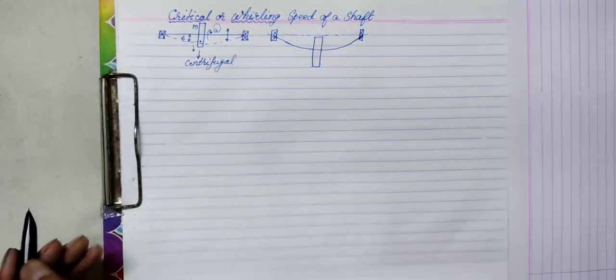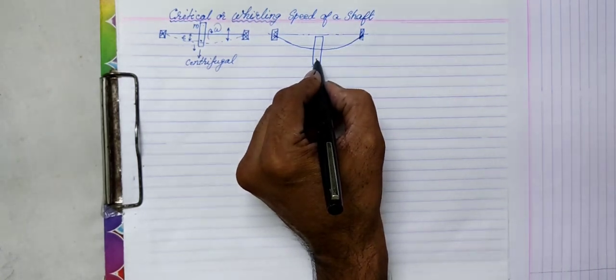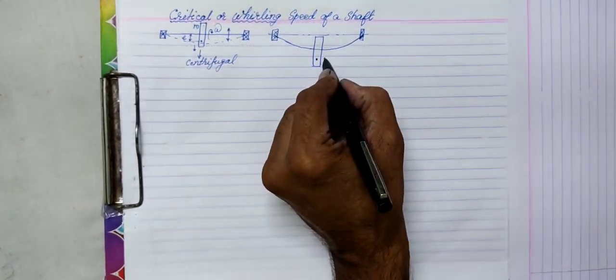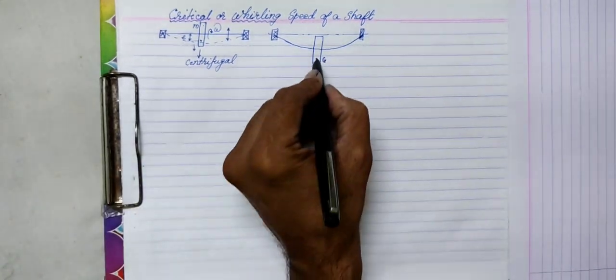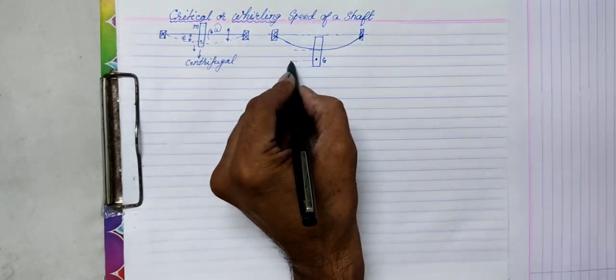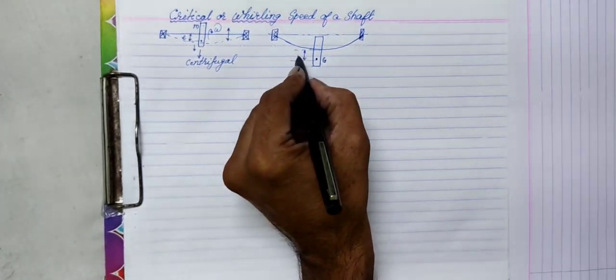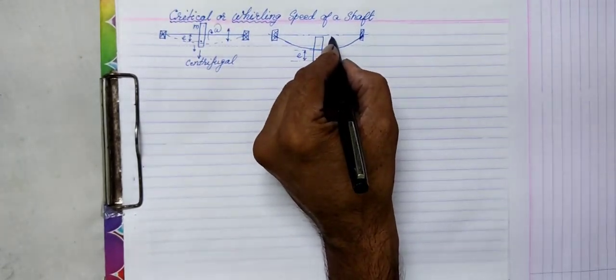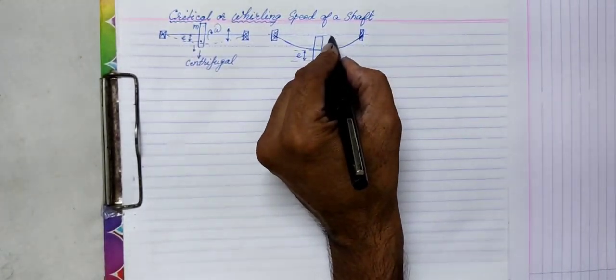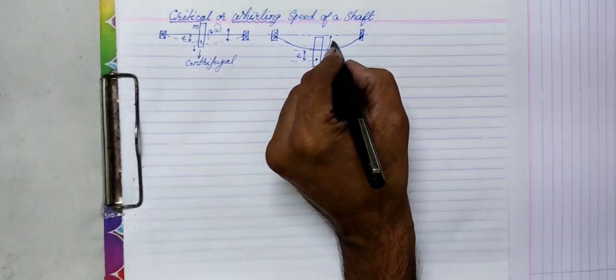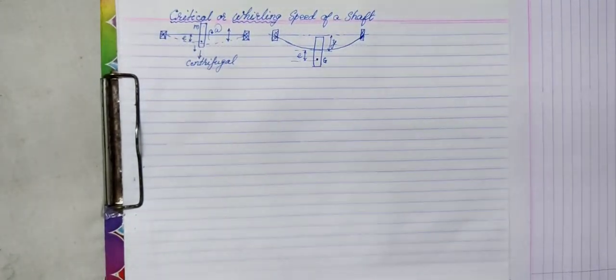The CG of the rotor is somewhere here, I name this point as G. You may see that this is the eccentricity of that CG, which is E, and this additional displacement in the transverse direction, let us say this is Y.